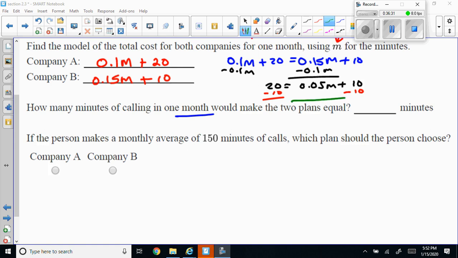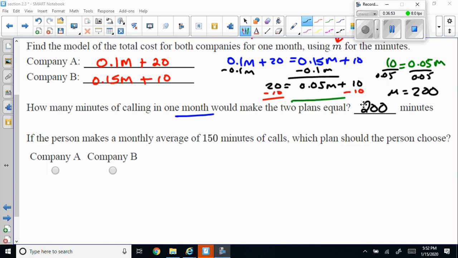So what we have, it's going to come up here, we're going to have 10 equal to 0.05 m, and then divide both sides by 0.05, and that is how much? 200. So at 200 minutes, both plans would equal the same, right?